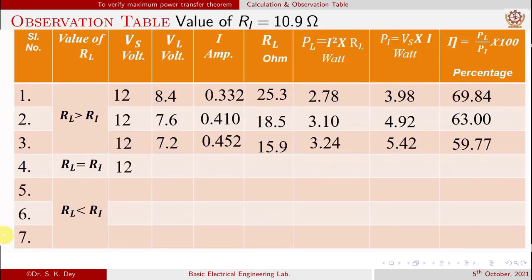So in the fourth observation, we have seen that Vs is 12 volt, voltage across the load resistance is 6 volt, current is 0.549 amperes, load resistance RL we have calculated, that is 10.9 ohm, load power PL is 3.28 watt, then PI is 6.58, then efficiency we have calculated, it is 49.84%, which is nearly around 50%.